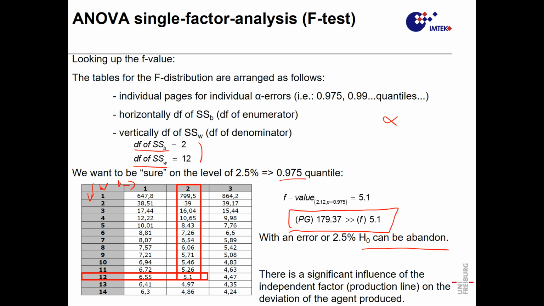What we are saying is that they are not equal. So the production line actually affects the quality of the agent. We don't know which production line is actually affecting, but at least one of them is different from some of the others.